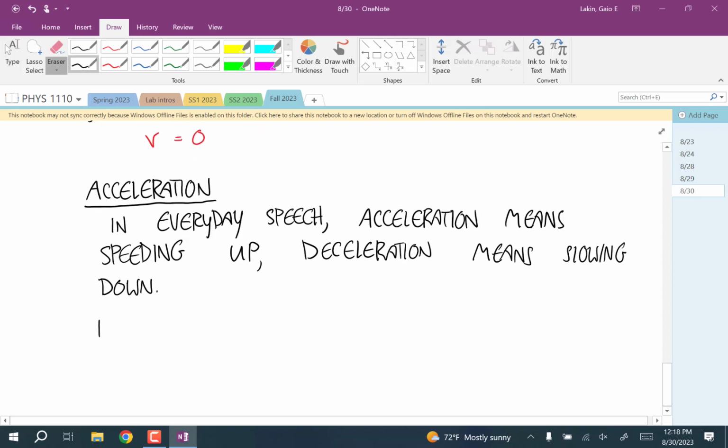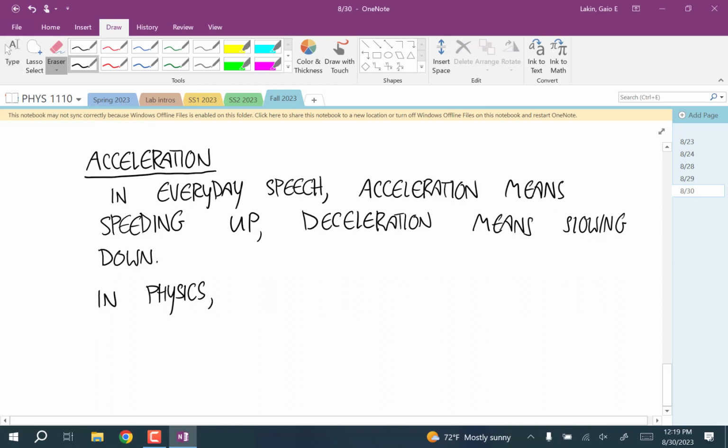In physics, we don't talk about deceleration, we only talk about acceleration. And acceleration just means any change in velocity. So really it's how quickly the velocity is changing.